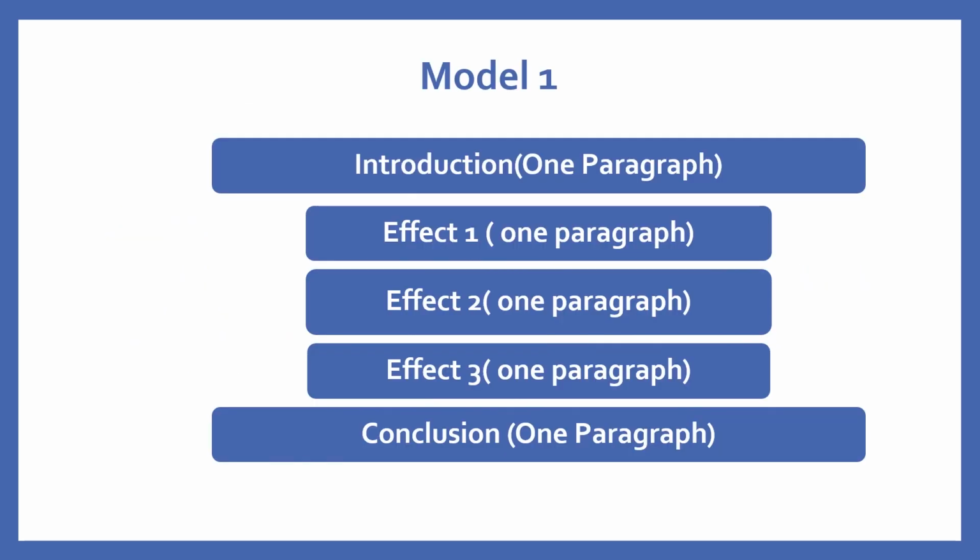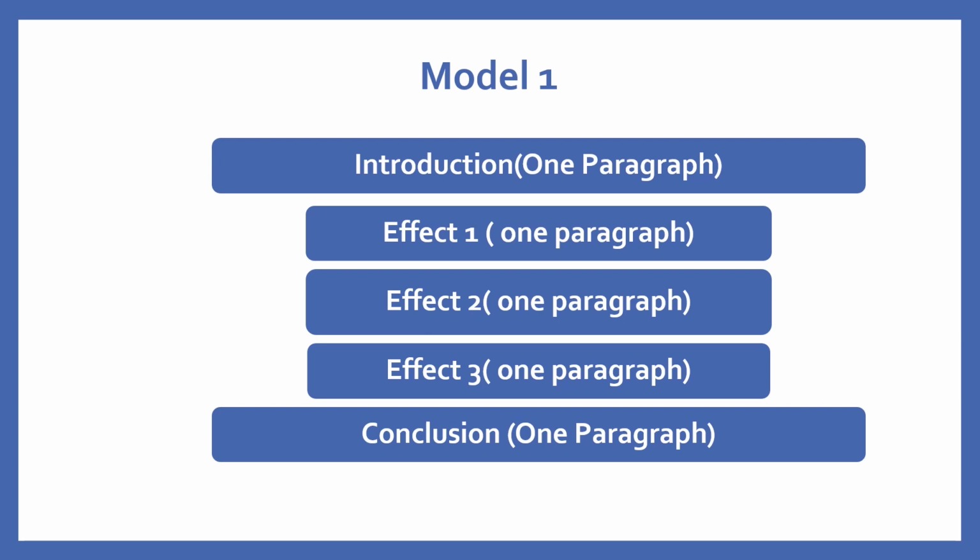So we have so many models of essays or articles when it comes to cause and effect. We have chosen 5 today. We are going to work on one of them, but let's just know the 5 models first. In this first model we have an introduction with one small paragraph. It can be 2 sentences, or 3, it depends.